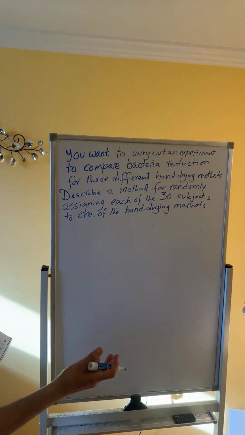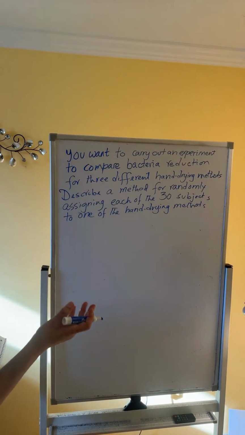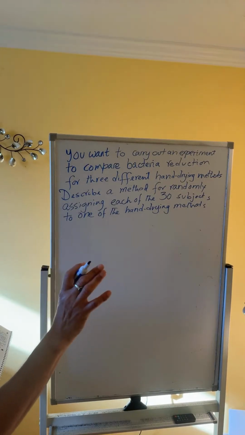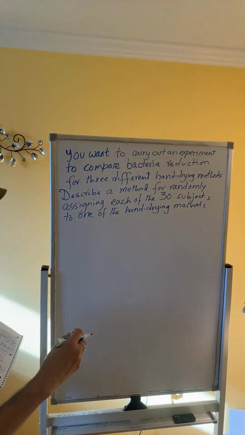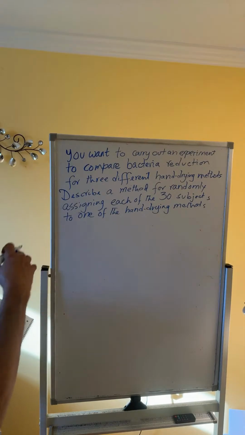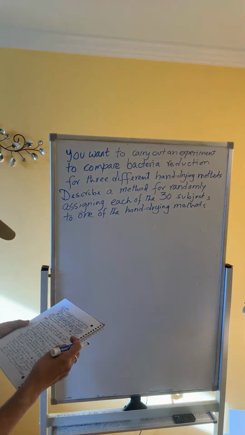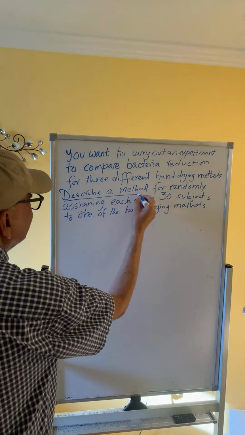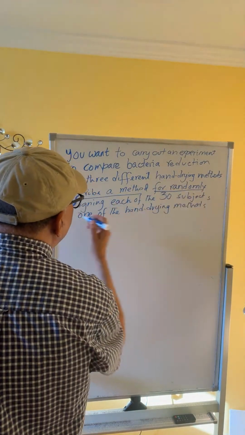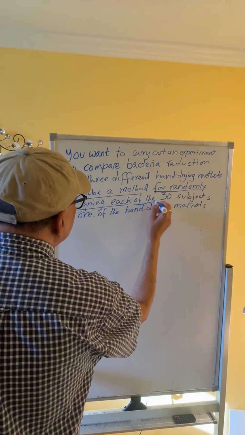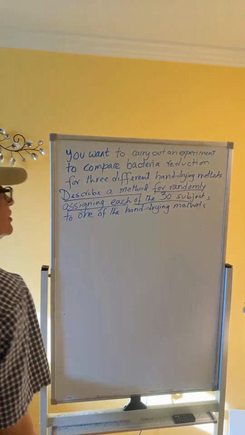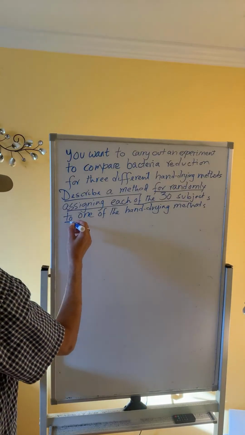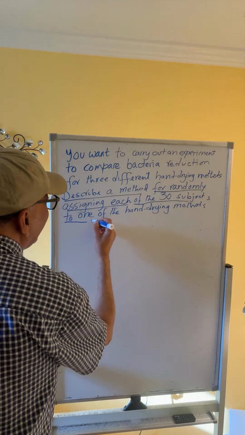So you have 30 subjects, I guess 30 objects which are wet, and you want to check out three methods of hand drying which will reduce the number of bacteria stuck on that wet material. So the question is, describe a method for randomly assigning each of the 30 subjects, these are wet subjects or wet cloths maybe, to one of the hand drying methods.